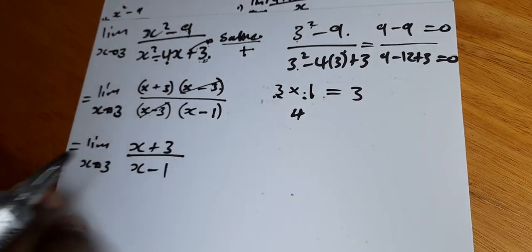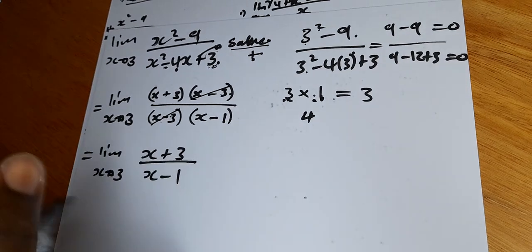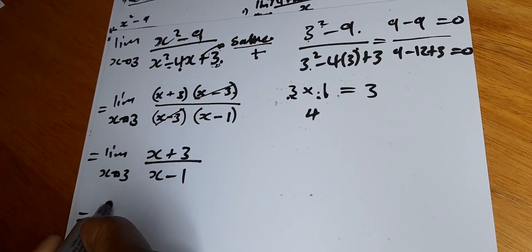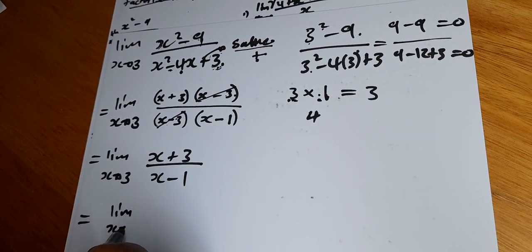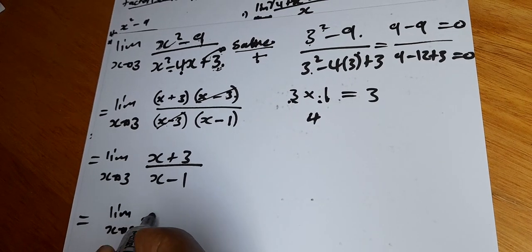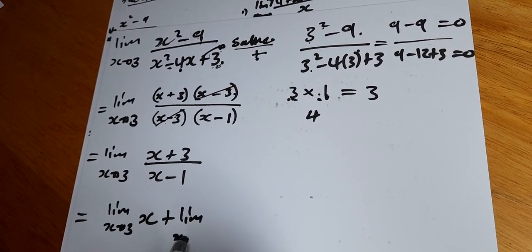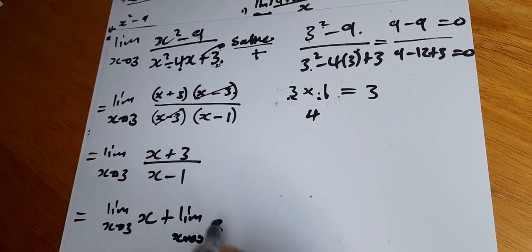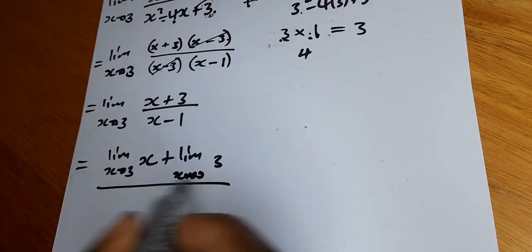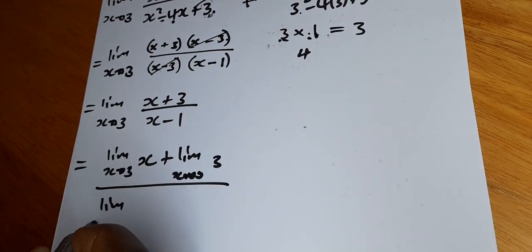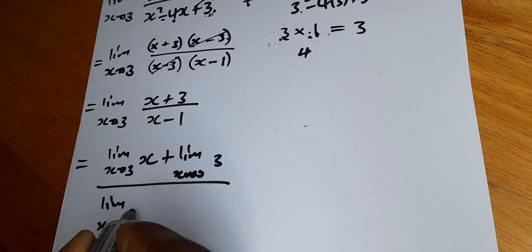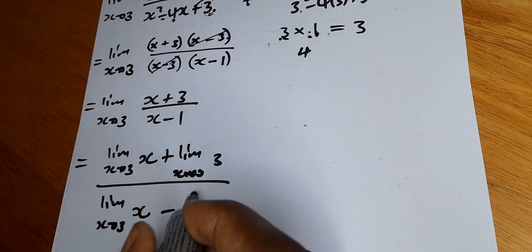Then now from here you can distribute your limit. This is equals to the limit when x approaches 3, then you have x plus the limit when x approaches 3, you have 3. And then all over the limit when x approaches 3, you have x minus what?